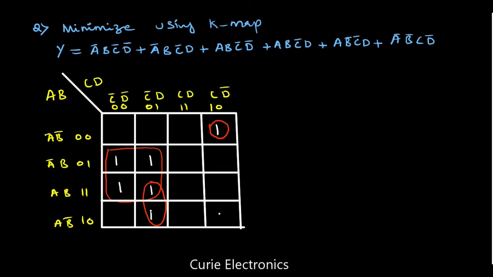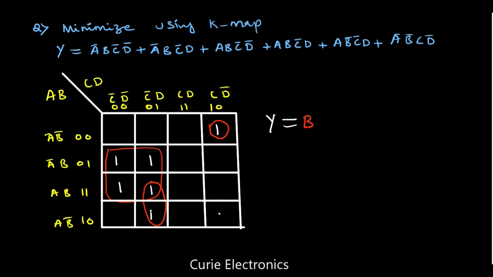Now let's write the expression. If you take the rows first, row wise, the quad: A bar B, A B. So A will cancel, B will be left.